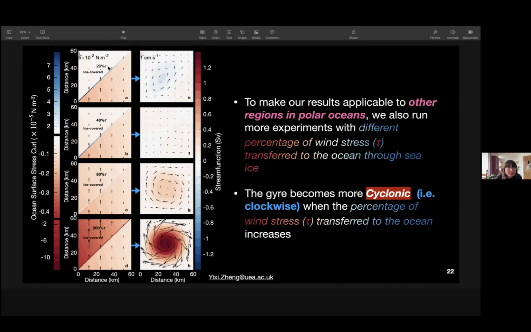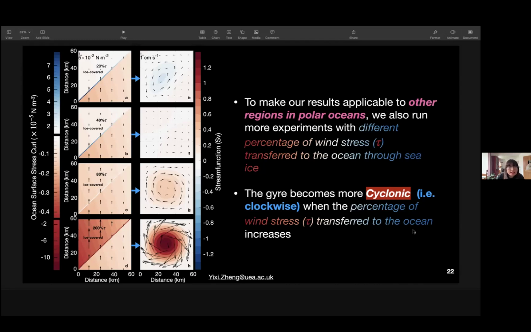So here we set it as 20% and then 40%, and then we run our model experiment until 200%. That means double the air-sea momentum exchange, and then to see what's happening. So then we realized that the gyres actually become more cyclonic when the percentage of the wind transferred to the ocean is increasing. And that's something that we're expecting as well, because again, cyclonic wind can force a cyclonic gyre.